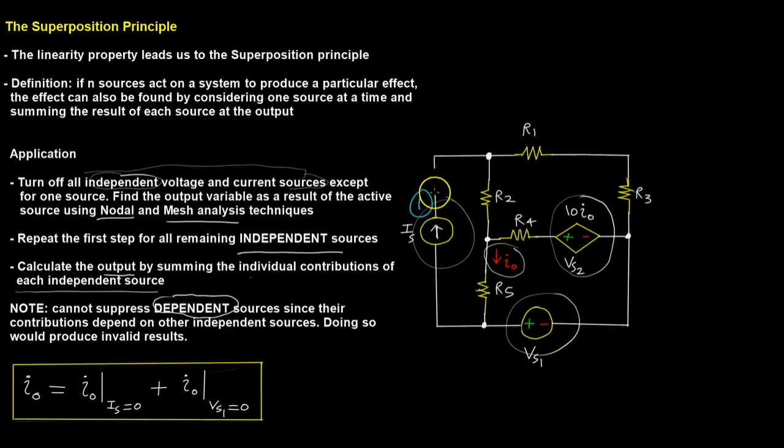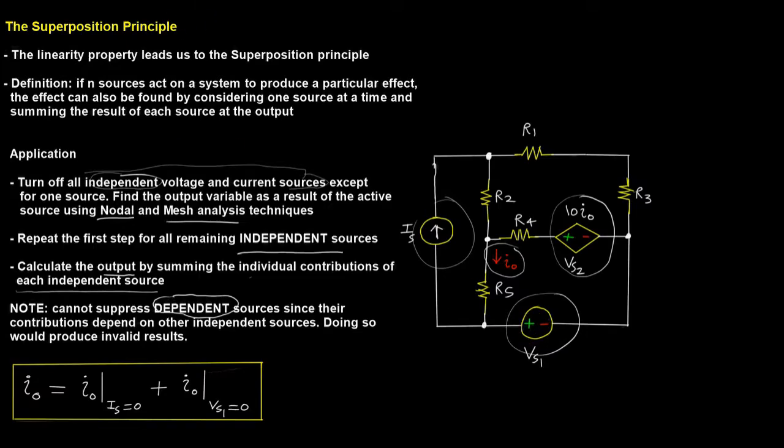We break that particular node, and we find Iout by doing the mesh or nodal analysis techniques in the remainder of the circuit. In the second case, we zero out the voltage source, but we put back the current source. In the first case, we got this guy out. Now in the second case, we zero out the voltage source.